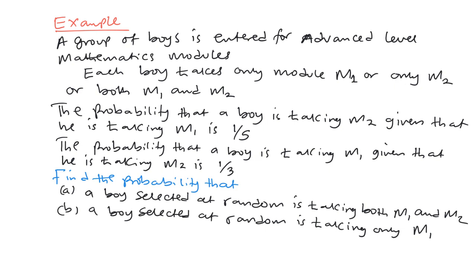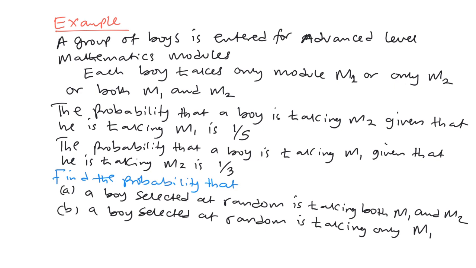So this question is a simple question, but because students try to avoid worded problems, problems that require reading and understanding, most of the students will shy away from this question. But let's analyze it. It is conditional. The probability that a boy is taking M1 given that he's taking M2. So you have some information.